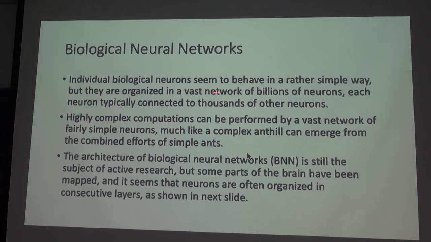Individual biological neurons seem to behave in a rather simple way. But they are organized in a vast network of billions of neurons, each neuron typically connected to thousands of other neurons.